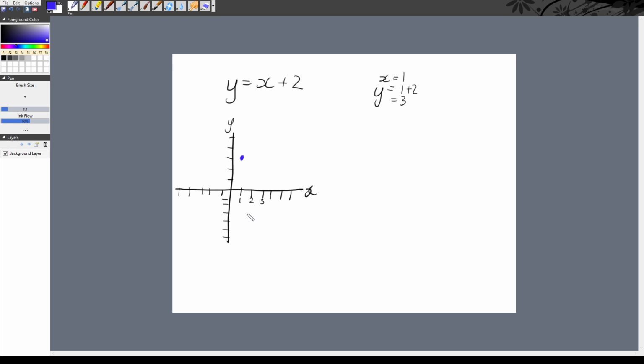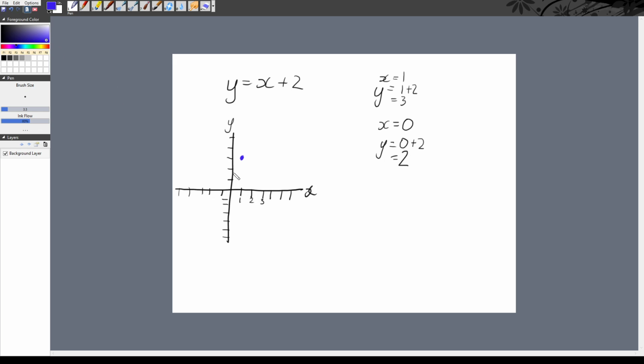So we've done 1 point, one of infinitely many points. Now, what if we do another one? Let's say x is equal to 0. Well, y is equal to 0 plus 2, which is equal to 2. So we can plot that point.